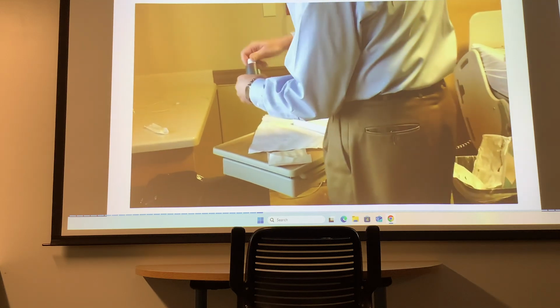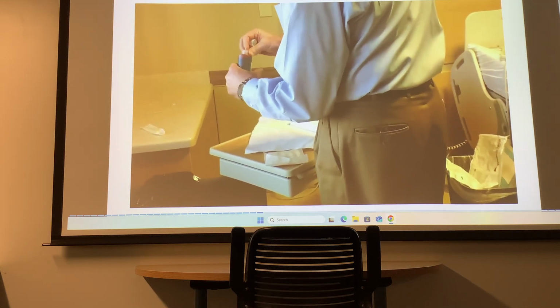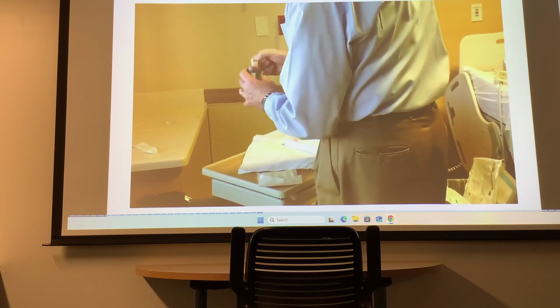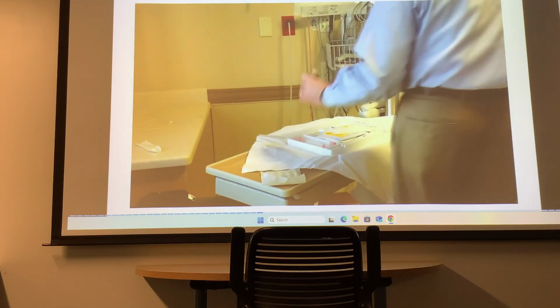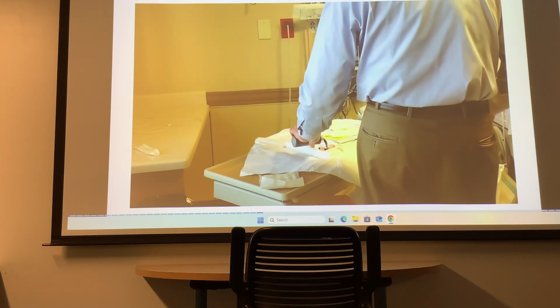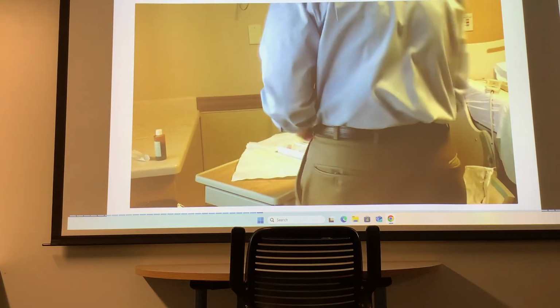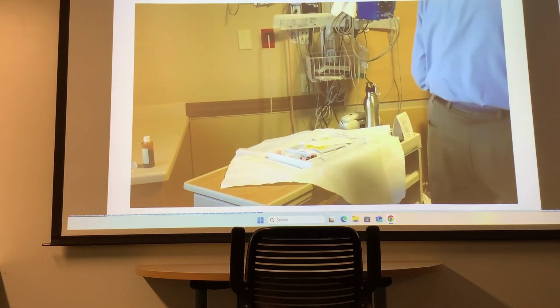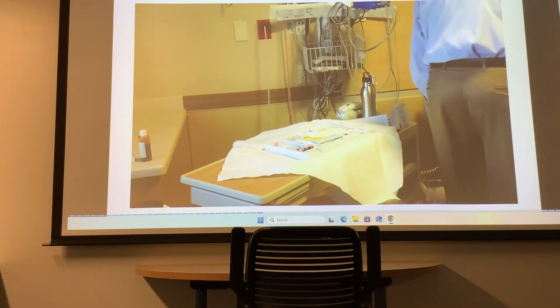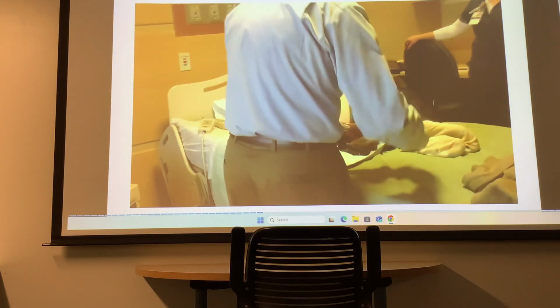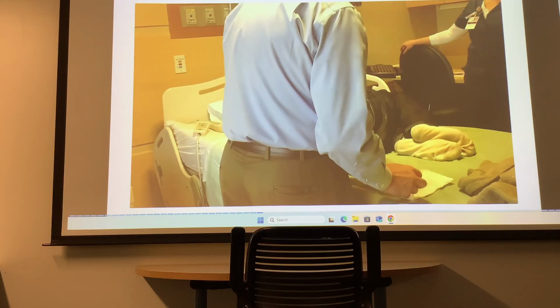Right. Has he broken sterile field already? Yeah. Yeah, absolutely, 100%. Again, I think. What's the point of the gloves now? Yeah, because where were those gloves first? Outside the sterile field. And on the floor.